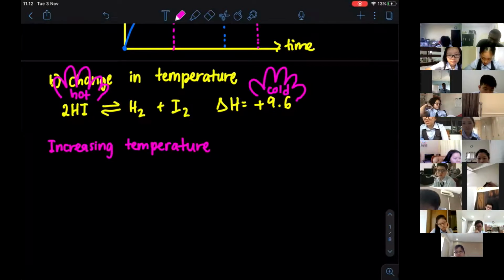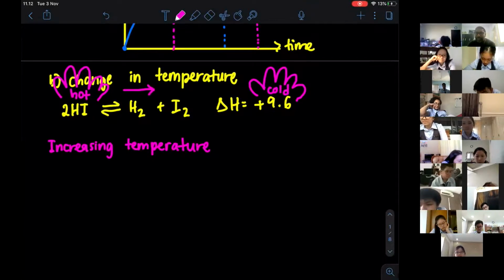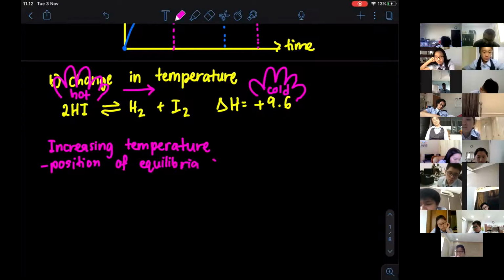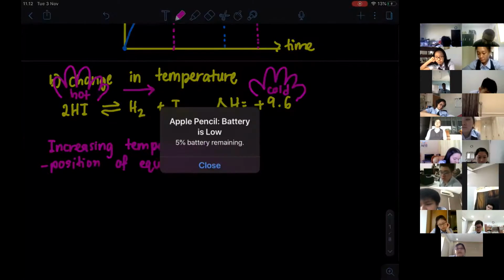So this will tell you the position of the equilibrium is now going to be shifted to the right. Please remember this. When you increase the temperature, the position of equilibrium will be shifted to the right.